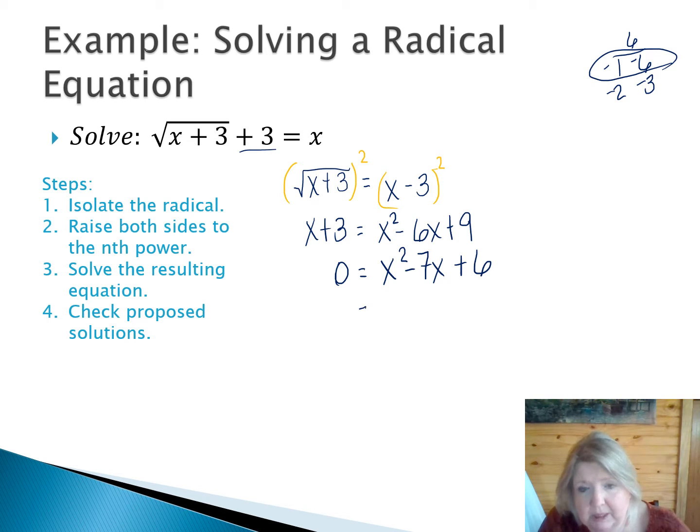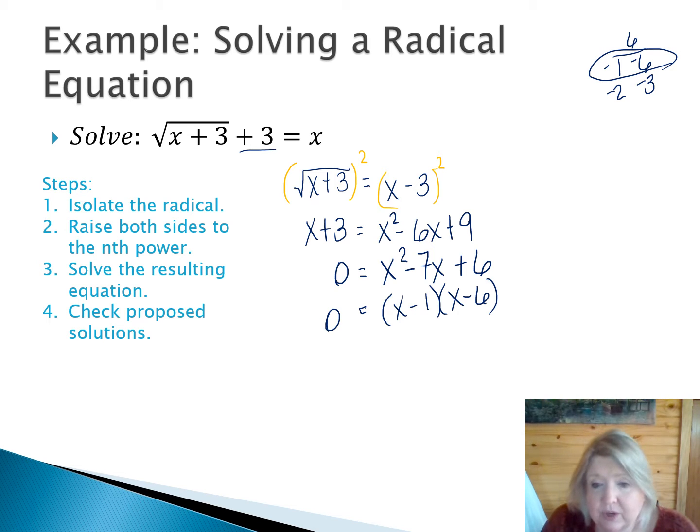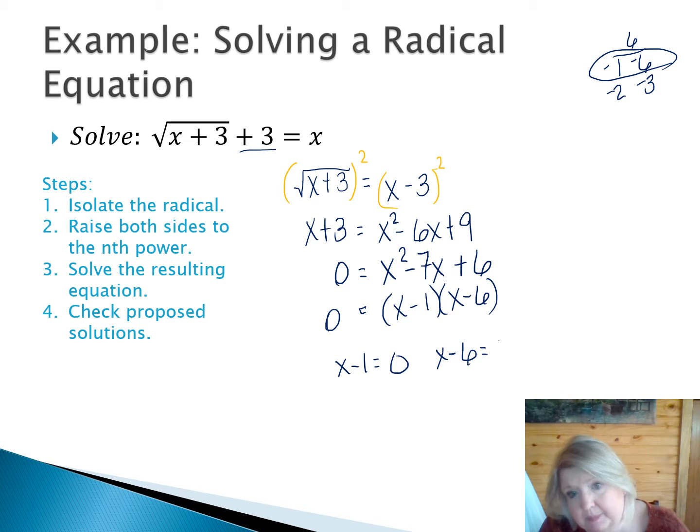So this is going to be x minus 1 and x minus 6. If I wanted to use the quadratic formula, could I? Yes, you could, but it's going to take you a while. All right, so I've got 2 guys multiplied together to give me 0. So one of those 2 guys has got to be 0. So x is either 1 or 6. Could possibly be both, just not at the same time.